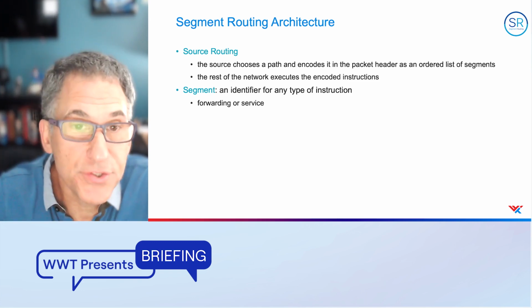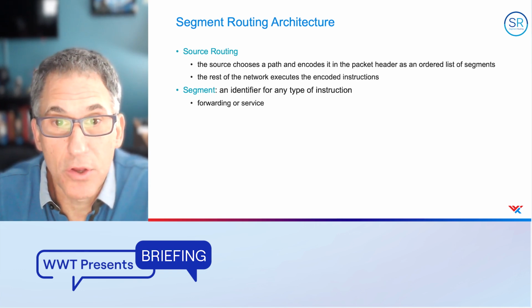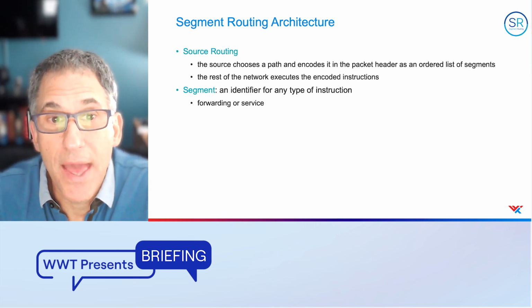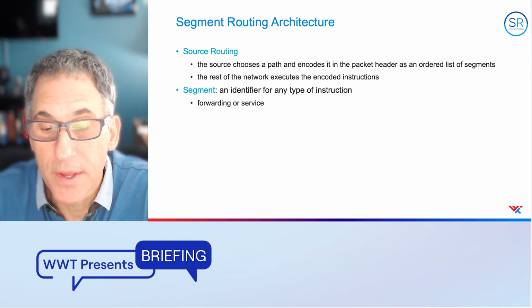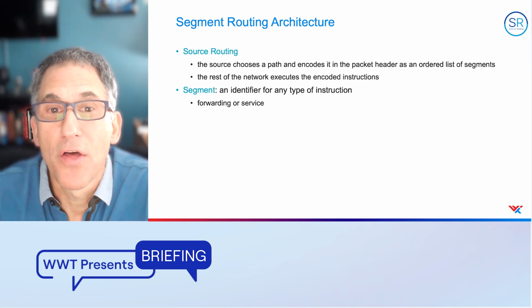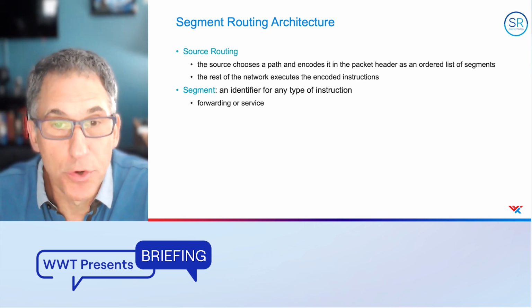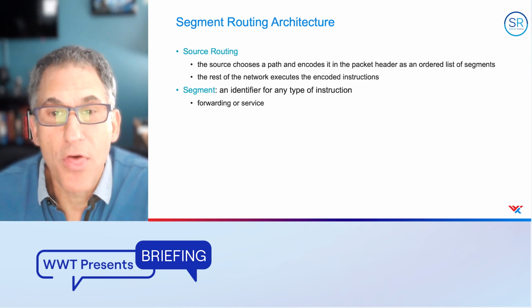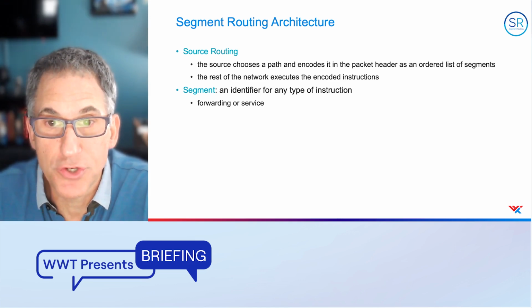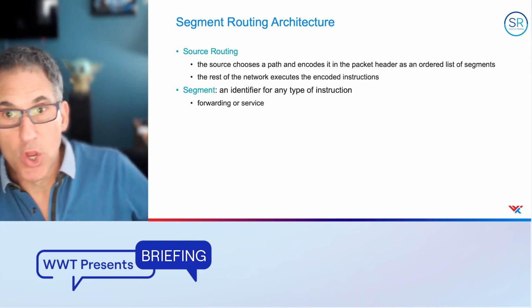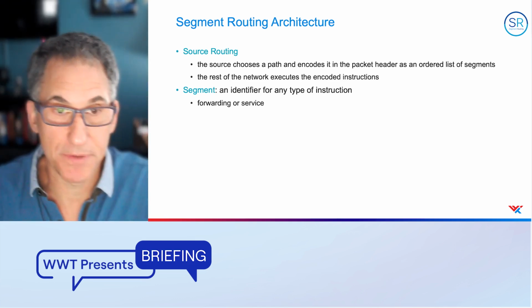Actually, the original RFC is labeled source routing, and it's done so because the path of the packet is encoded by the head-end router as an ordered list of segments. So then the rest of the routers or devices along the path are just executing the instruction encoded by the head-end router, which makes for ultimate scalability.